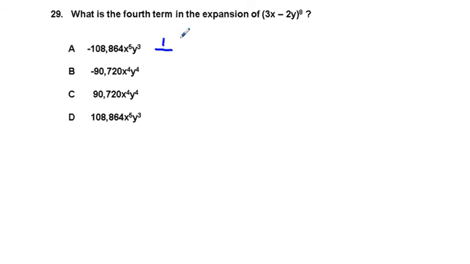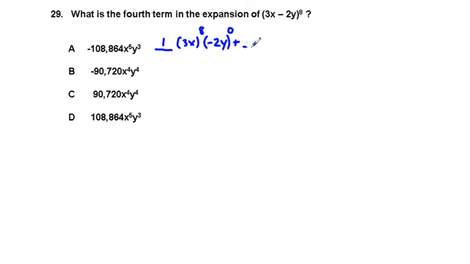And what you're going to have is 3x to the power of 8, and then our second binomial term, negative 2y to the power of 0. Then you're going to have plus. So this is how we find our first term.